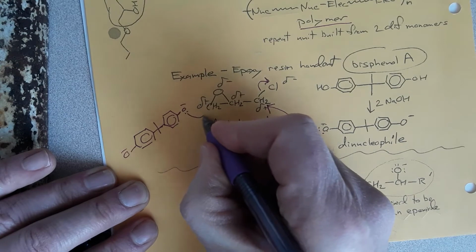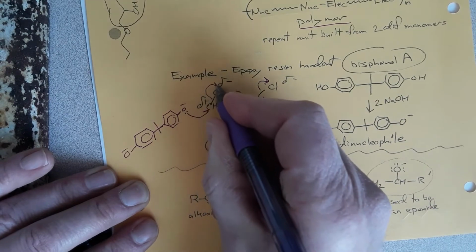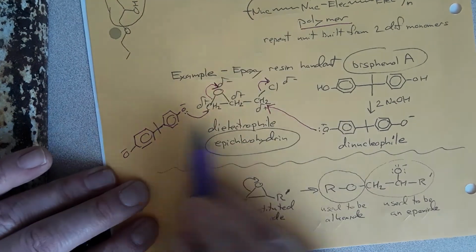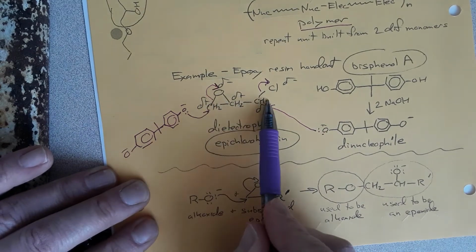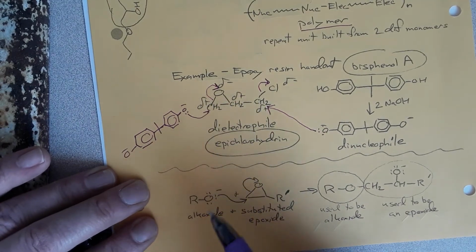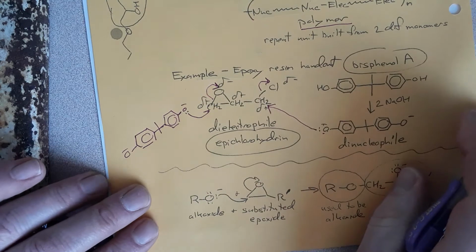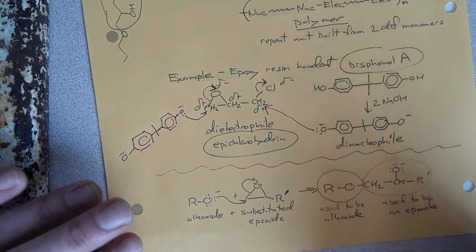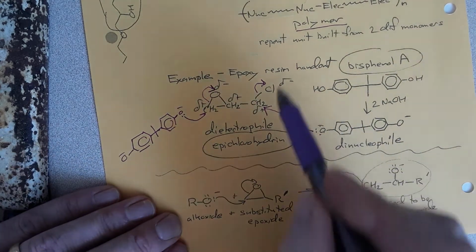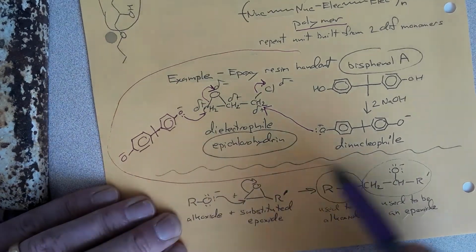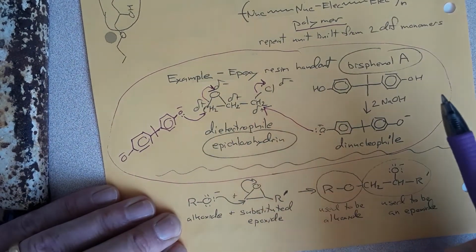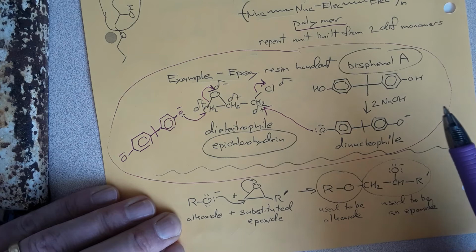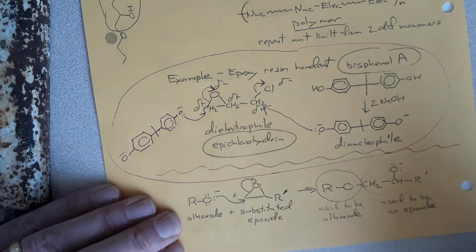So this can add there and pop that open. And it gets pretty complicated quickly because this is unsymmetrical, and I have a handout where I've summarized this, and I'll see if I can get that to you. But this is the classic way to make an epoxy resin using bisphenol A and epichlorohydrin.